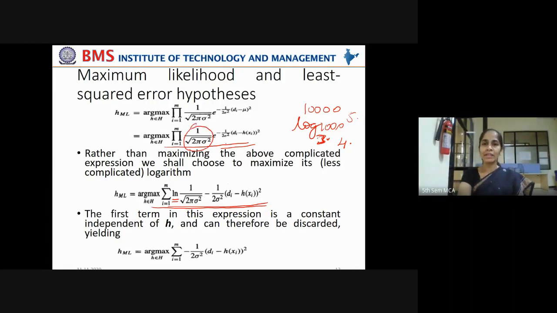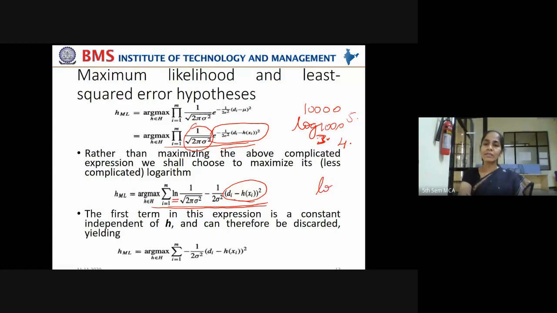Logarithm doesn't affect that. Minus, now when you apply logarithm to this exponential term, it will become minus 1 by 2 sigma square. Again, there is no change in the constant. And this entire exponent will come to the front of this logarithm. That is why it is taken as a linear term now, not as an exponential term.